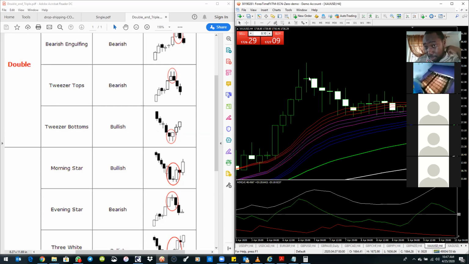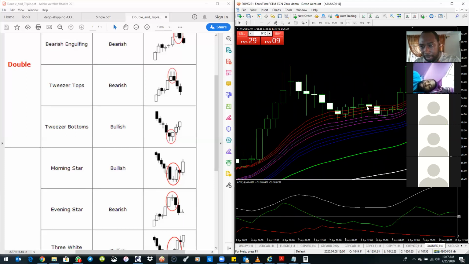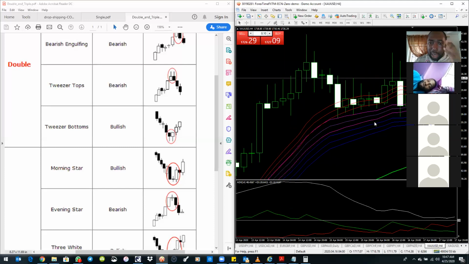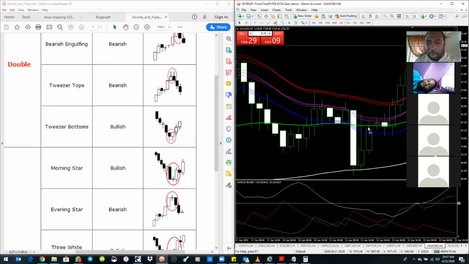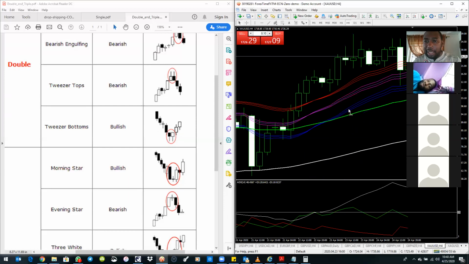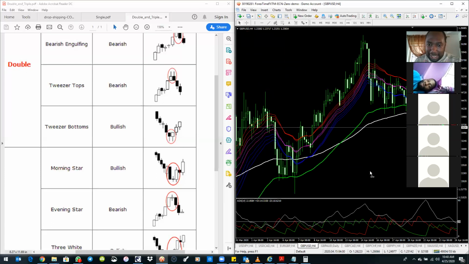The market was bullish, had a doji, a bearish candle, another doji, and the market went down from there. So sometimes you will get what's called a confluence. You will get maybe 2 or 3 of them together. When you see it like that, there's always a likelihood for the market to change.